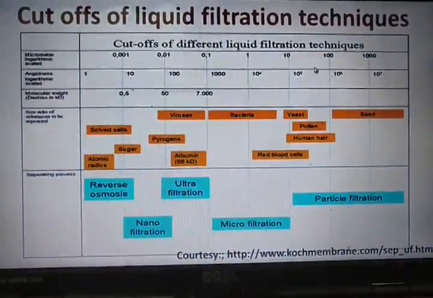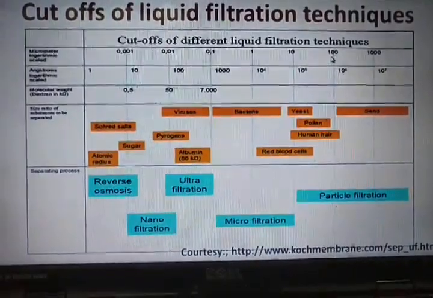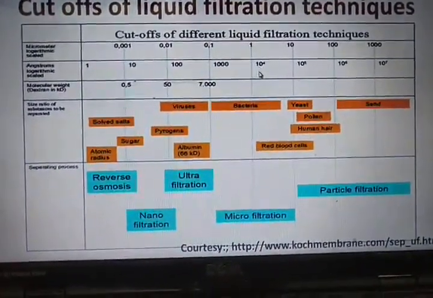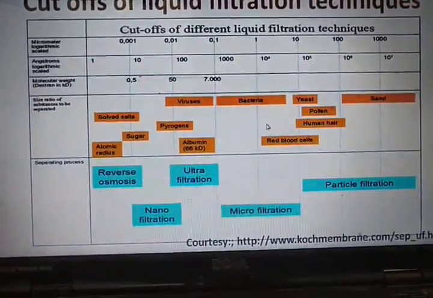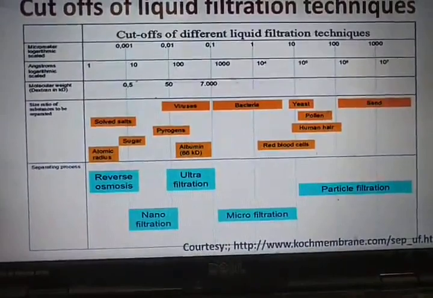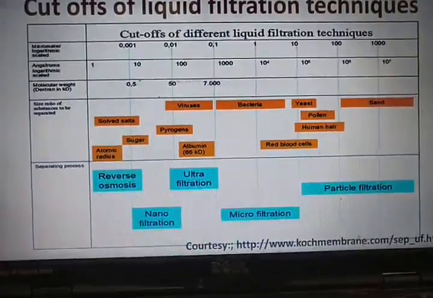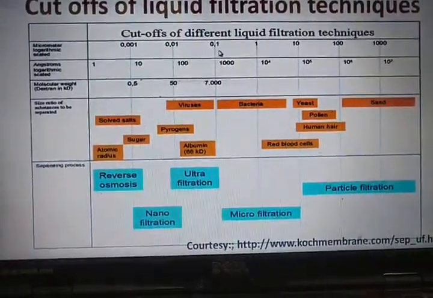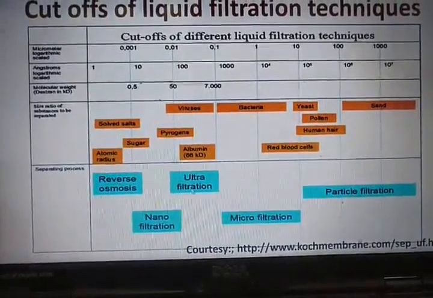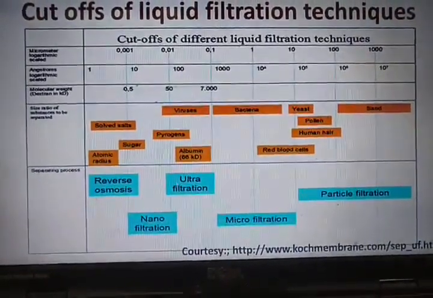If the pore size decreases to the range of 100 micrometers down to 10 raised to minus 4 micrometers, then we call it microfiltration. If the membrane pore size is reduced again to 0.1 to 0.01 micrometer, then we call it ultrafiltration.